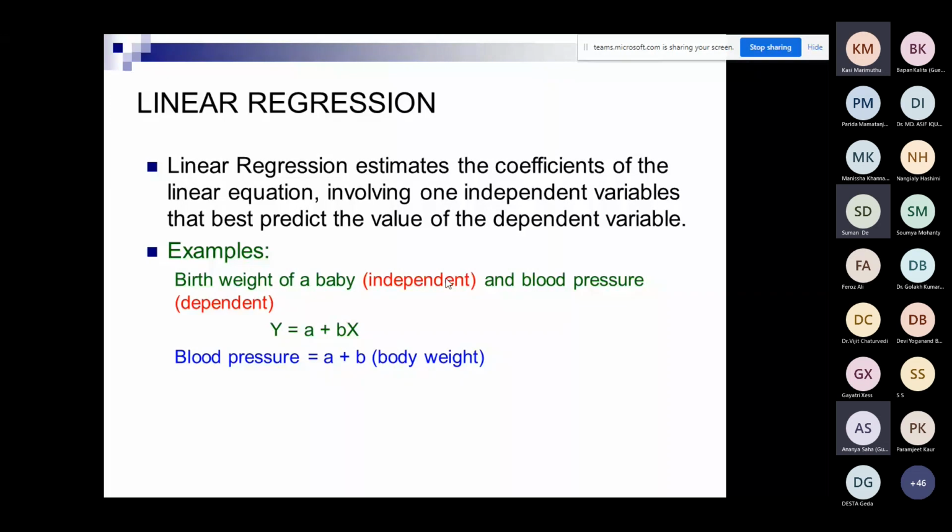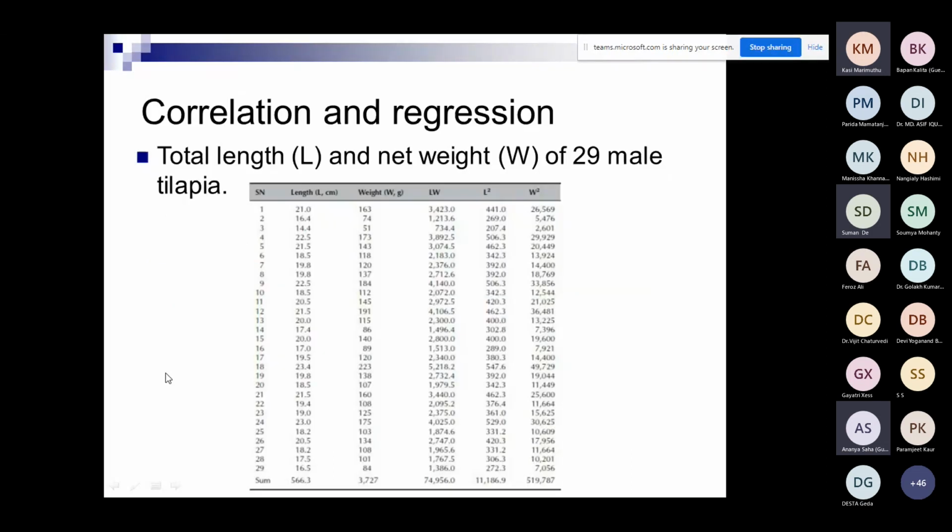Birth weight influences the blood pressure of a baby. If a newborn is 3 kg, can we predict how much the blood pressure will be? Blood pressure is y equals a plus bx. Y is blood pressure, a is the intercept, b is the slope, and x is the body weight. When you substitute someone's body weight, you come to know the blood pressure. We can anticipate, or we can predict.